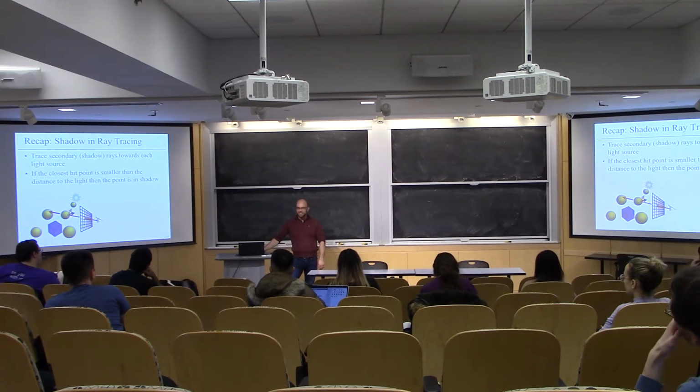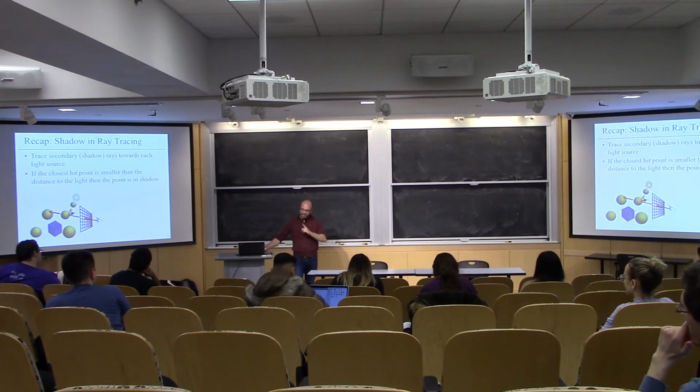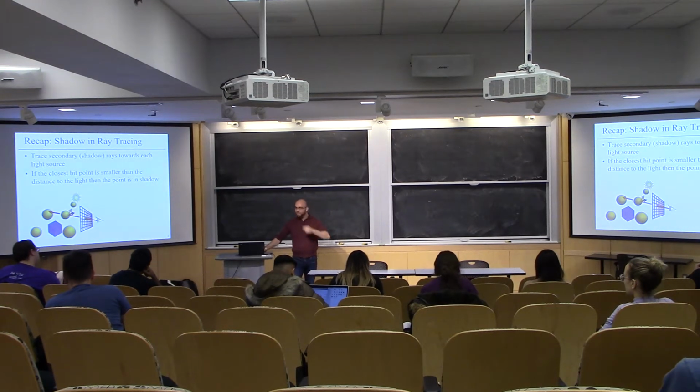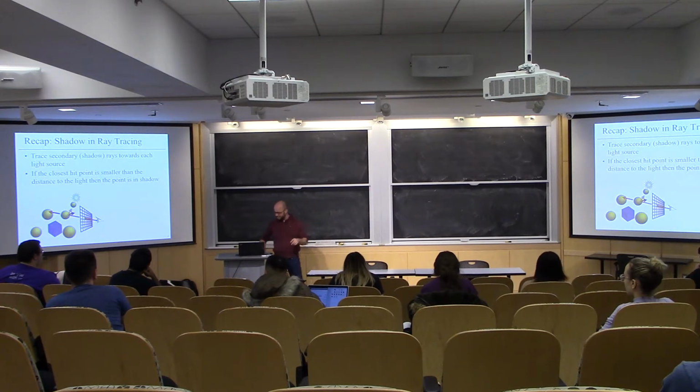I'm not sure it matters procedurally, but it's certainly going to be the case when we talk about rasterization, especially shadow volumes, that we are going to render our shadows, which is a weird thing to think about, and something that I always struggle to communicate in lecture. So we'll see how well we do today. We'll come back to that one. Any other questions I can fudge my way out of?